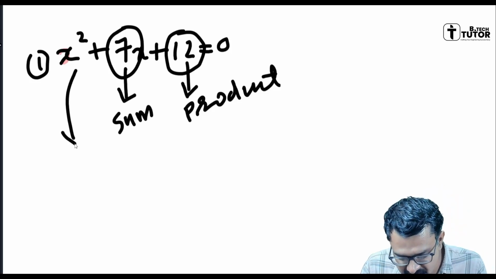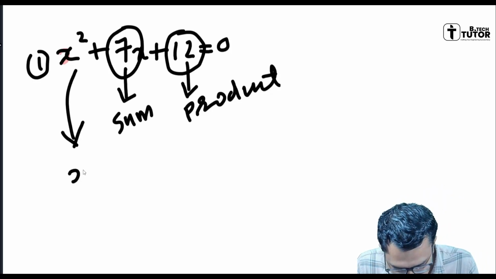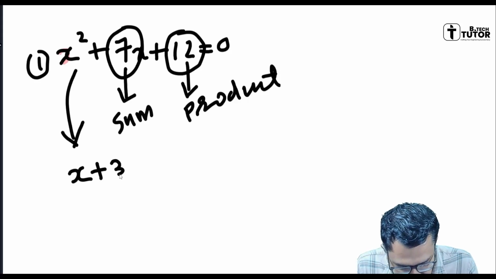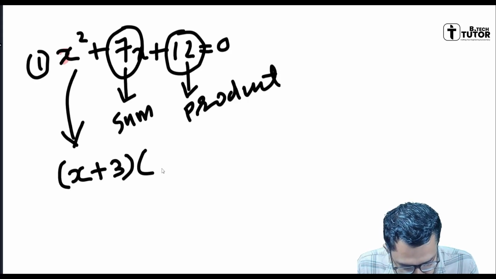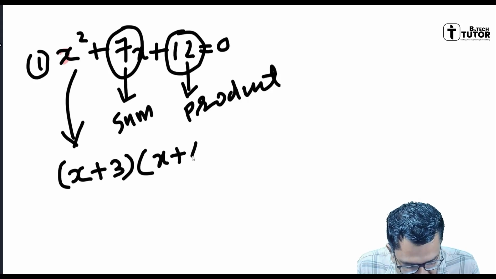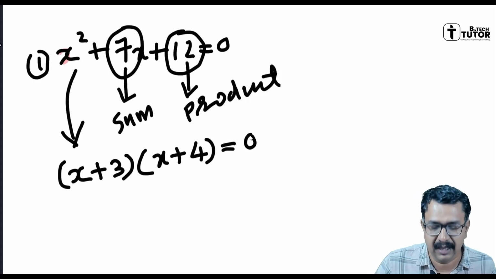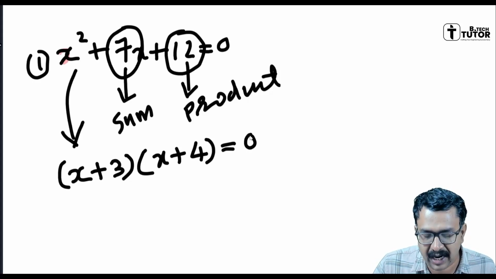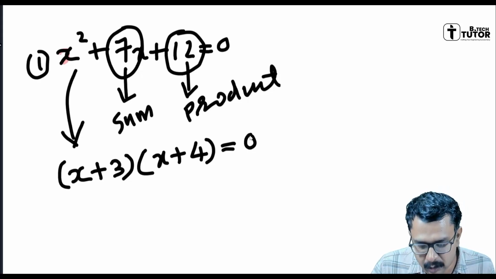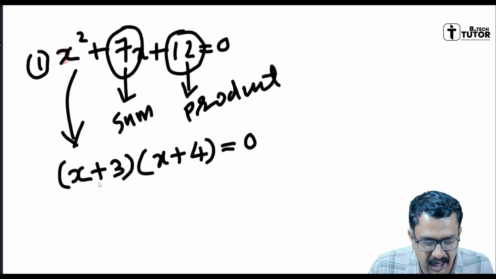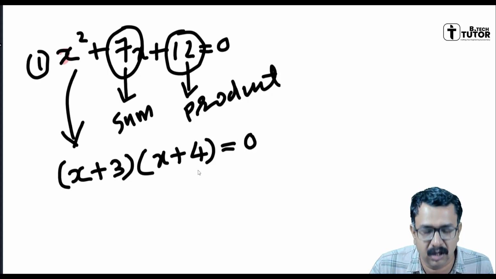Therefore, this can be written as (x + 3)(x + 4) = 0. We are going to factorize the quadratic equation into two terms.